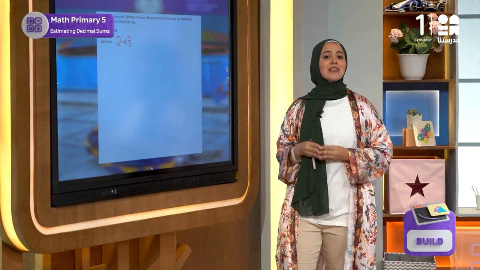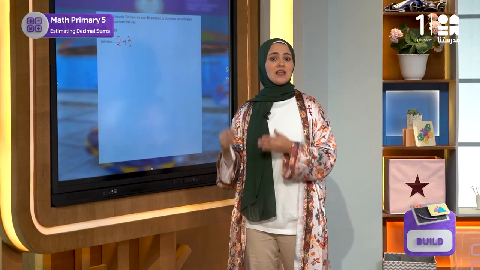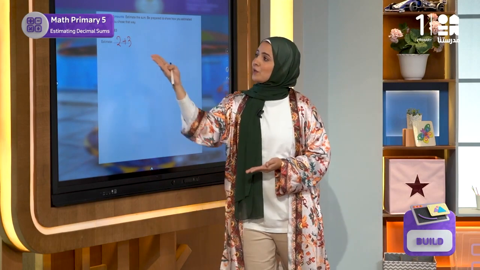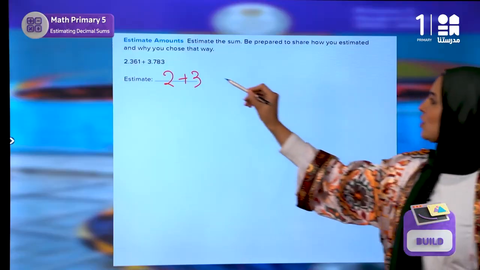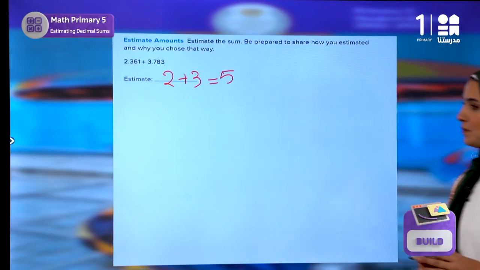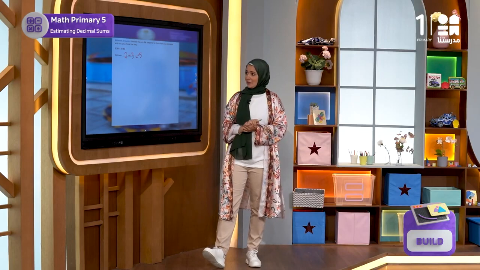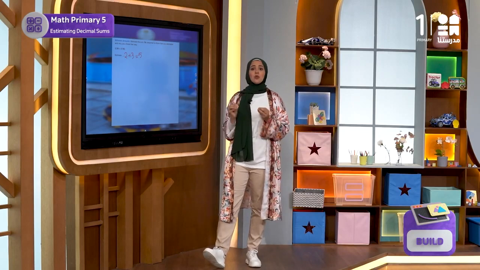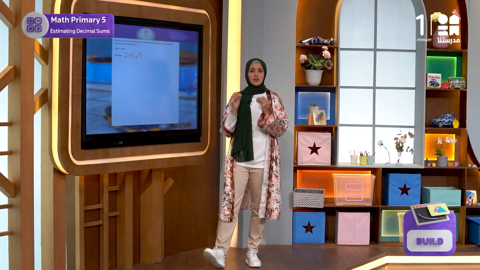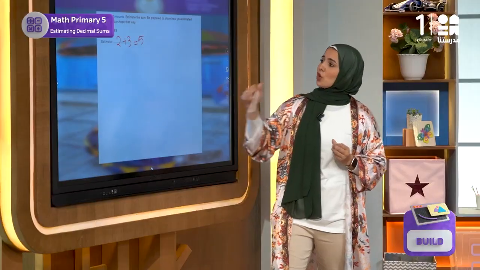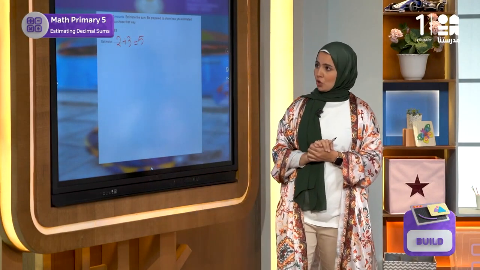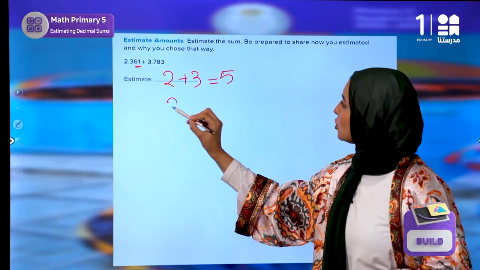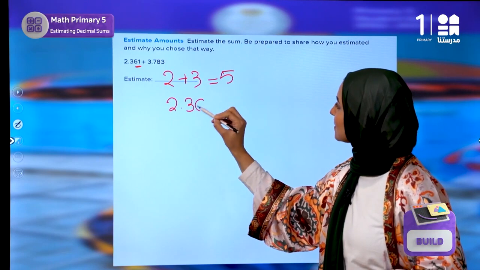Okay? We can think of estimating by rounding to the nearest hundredth. Okay, here, before we continue and move on, what is 2 plus 3? It's equal to 5. Now, if we thought about estimating to the hundredth, we are going to keep the digits after the decimal point, and we're going to go and look at the number in the hundredth place. So, the number is going to be 2.36.